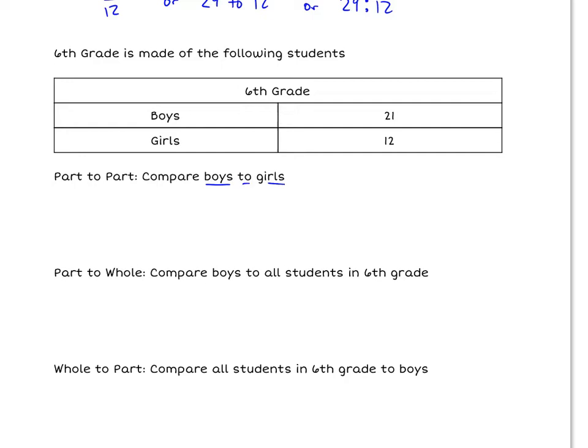So you're always going to list boys first or on top if you're writing it as a fraction. So boys would be 21 of them to 12 girls. And that is part to part because the boys are part of the sixth grade and the girls are part of the sixth grade. You could also write that the other ways, 21 over 12 or 21 colon 12.